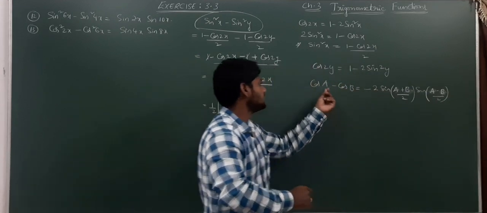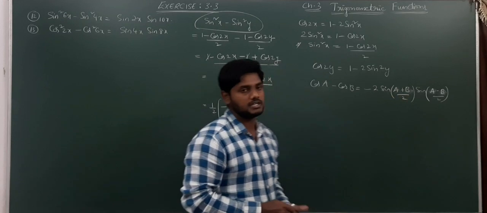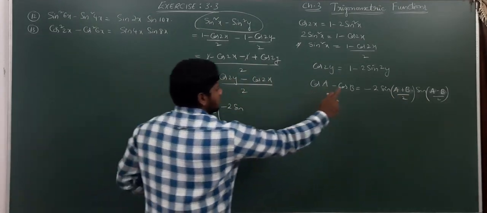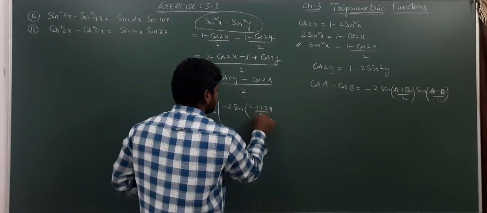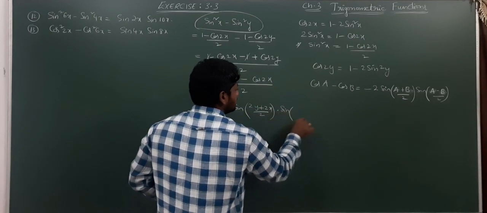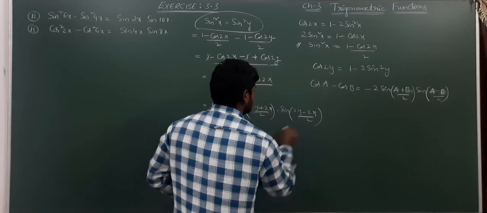No problem. If you consider this as cos x minus cos y, it will become minus 2 sin x plus y by 2 sin x minus y by 2. Now sin a plus b by 2 is nothing but 2y plus 2x by 2, into sin a minus b by 2, nothing but 2y minus 2x by 2, right?